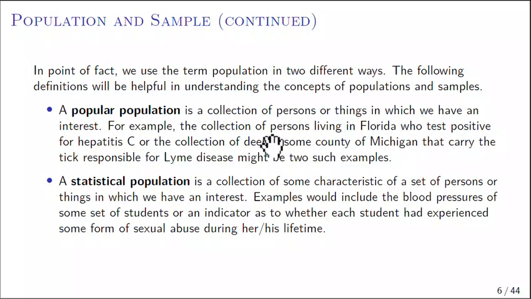But yes, we are interested in persons, but more precisely, we are interested in the blood pressure of a group of persons or a particular person. Another example, like an indicator of whether each student has experienced some form of sexual abuse during her or his lifetime.